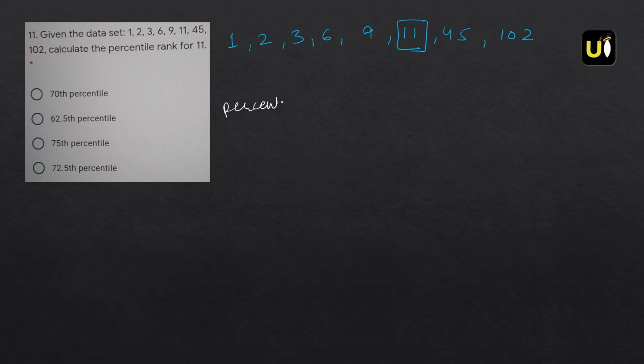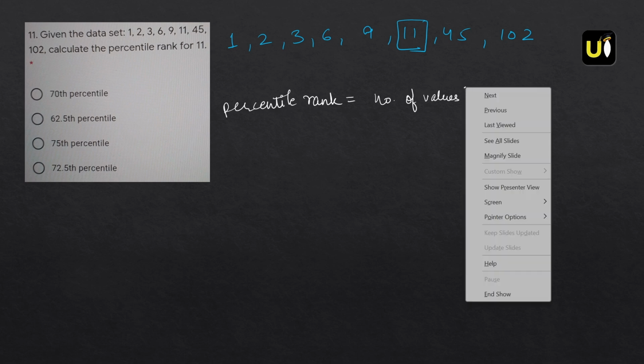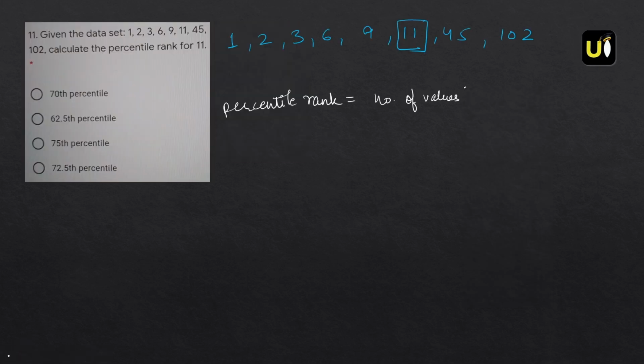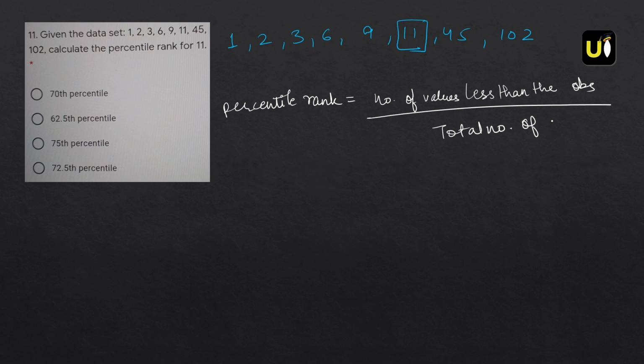So we will simply calculate the percentile rank, which is equal to the number of values less than the observation, upon the total number of observations, into 100.